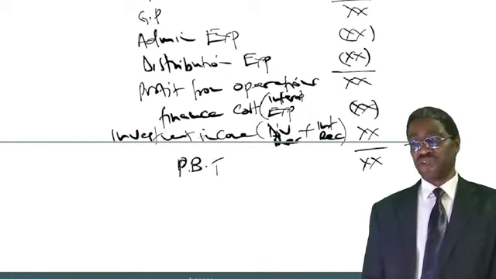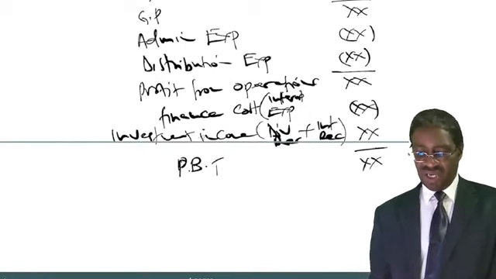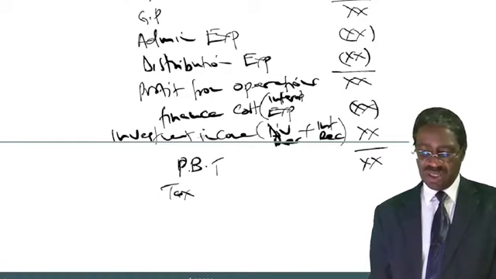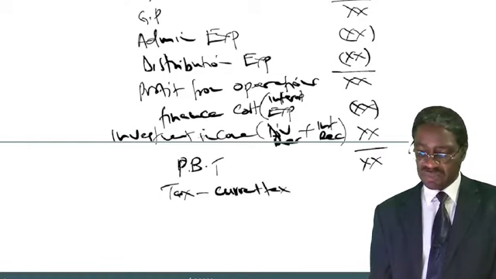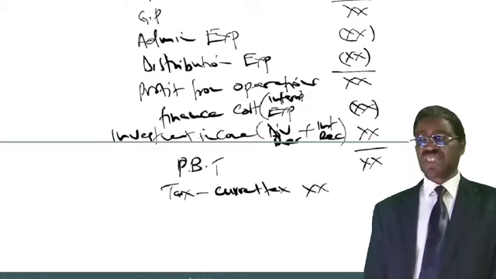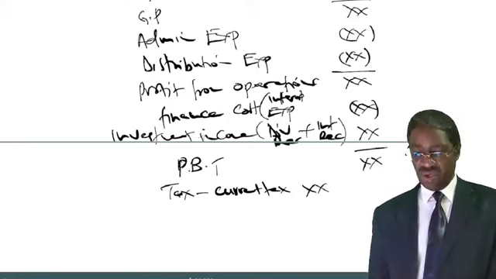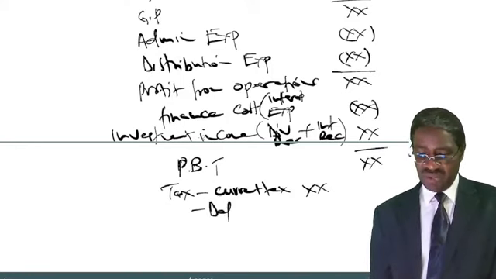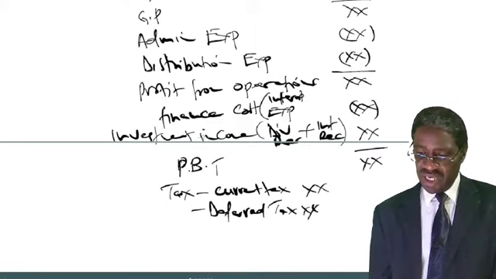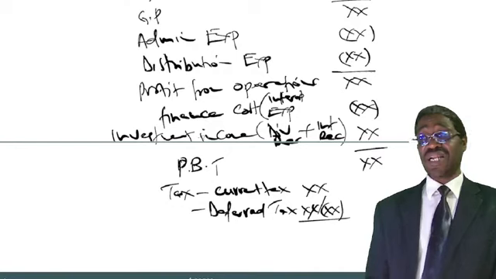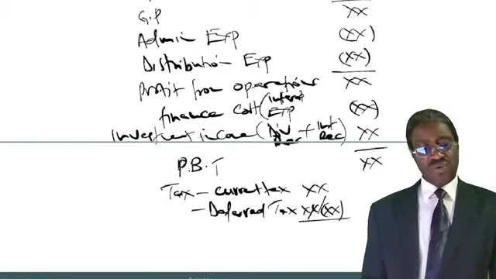After getting profit before tax, we have agreed you come to tax. Tax we have agreed could be in form of current tax. I am putting that amount on the inner column. Then you come and adjust it with what we have called deferred tax. Either you add or you minus.